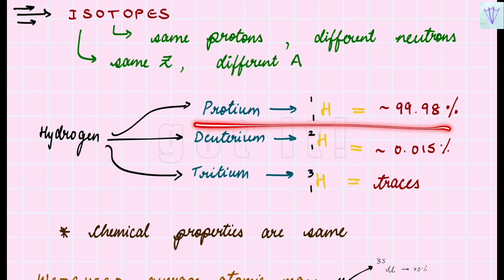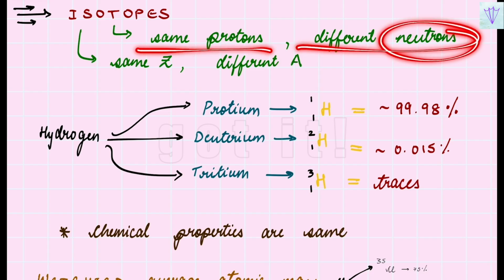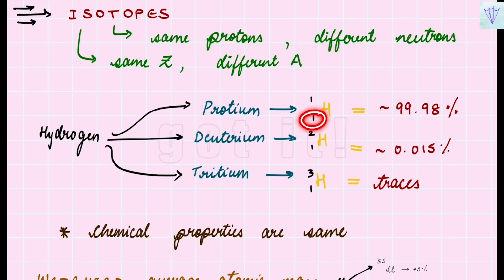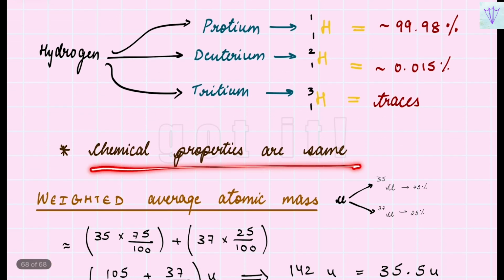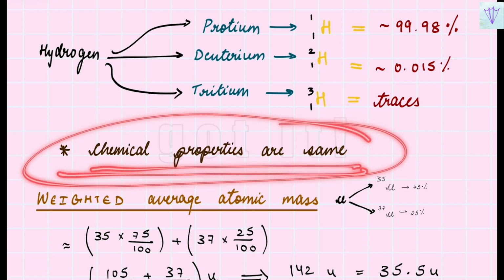Protium is found approximately 99.98%, deuterium 0.015%, while tritium is found in traces. They have different neutrons but the same protons, which is why the atomic number is the same but the mass number is different.